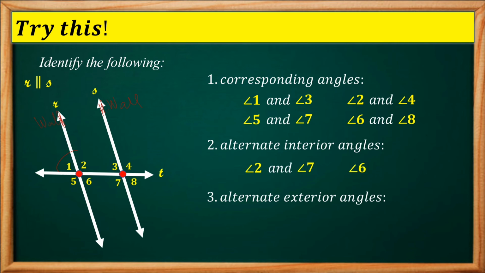If we have angle 3, then the alternate interior is angle 6. Now, exterior: if we have angle 1, then its partner is angle 8. If we have angle 4, then its partner is angle 5.